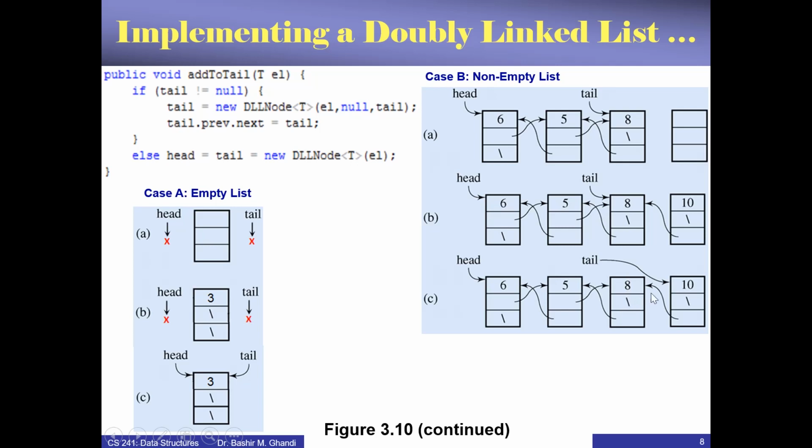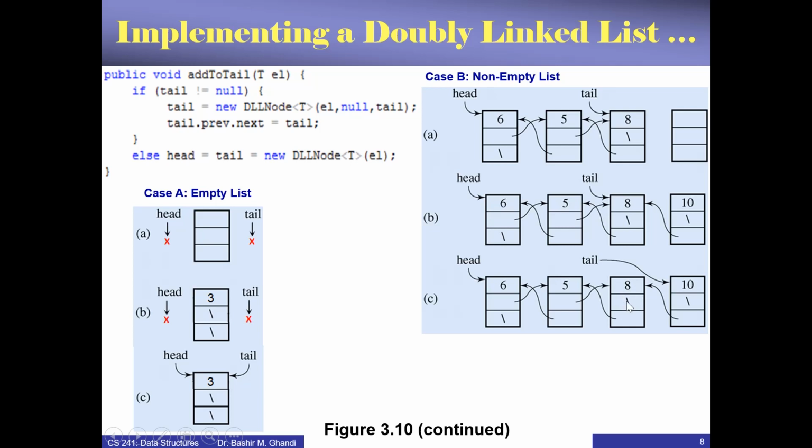We want it to point to the new last node. So we need another statement to do that. And the first question is, how do we reach this variable? We have to say tail dot prev dot next. So this is how to reach this variable.